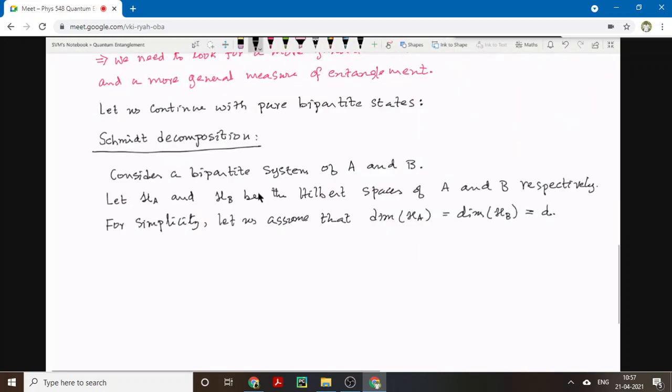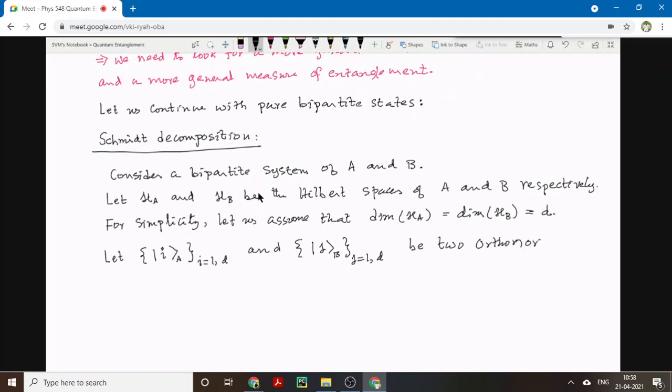So let us say that |i_A>, i equal to 1 to D, and |j_B>, j equal to 1 to D, be two orthonormal bases of HA and HB respectively.